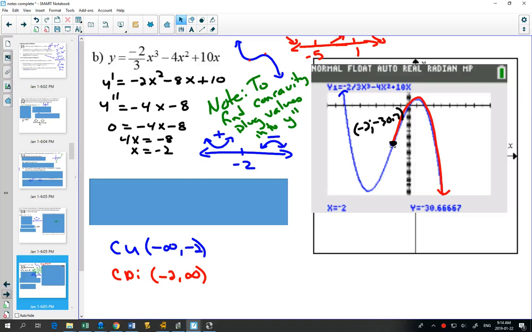So your first derivative tells you maxes and mins and where a graph is increasing and decreasing. Your second derivative finds this point right here where it changes from being concave up to concave down.